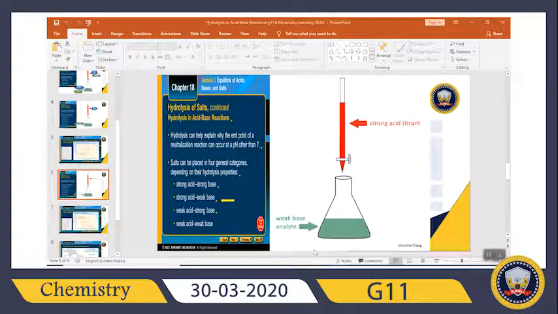The last state is the reaction or titration between strong acid as a titrant and weak base. Strong acid like HCl, weak base like solution of ammonia, NH3 dissolved in water, or NH4OH. It's the same.